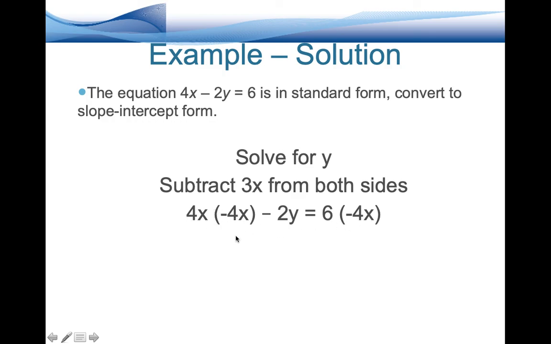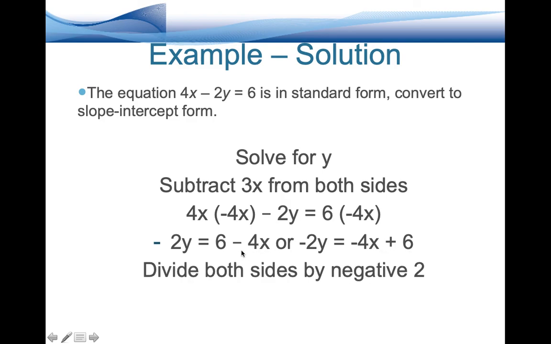So now all we have left on this side is negative 2y equals 6 minus 4x. Or you can flip-flop these two, so it could be negative 4x plus 6. So negative 2y equals 6 minus 4x, or negative 2y equals negative 4x plus 6. Now you just get rid of the 2.